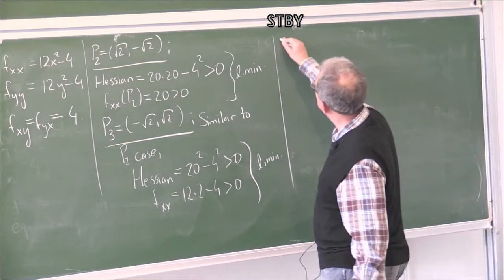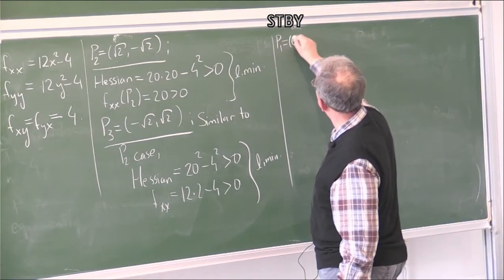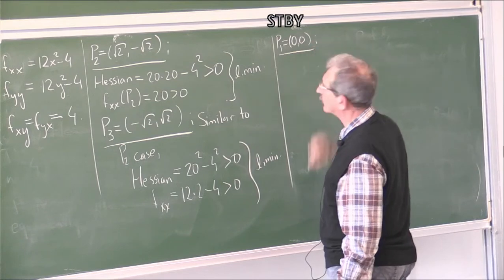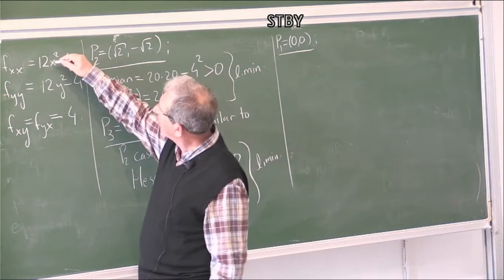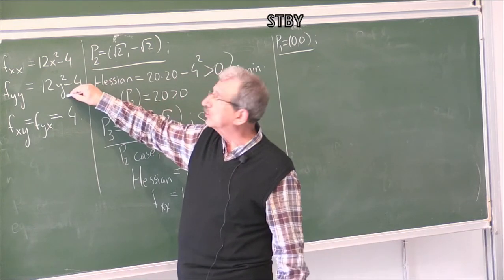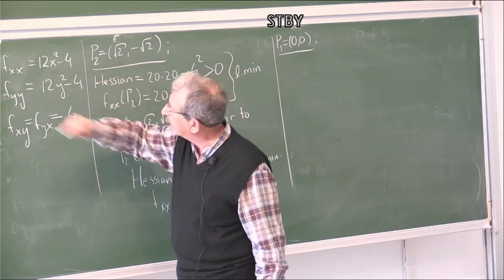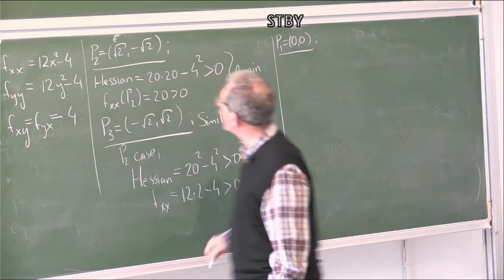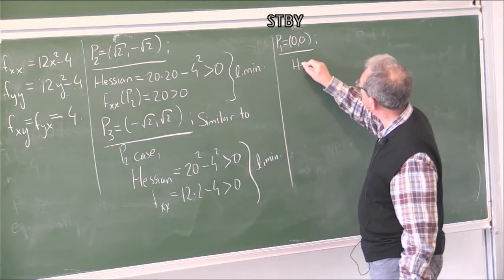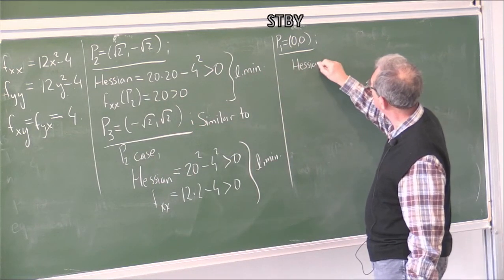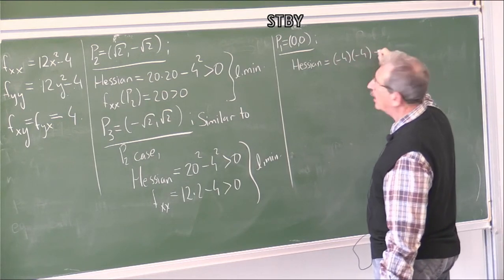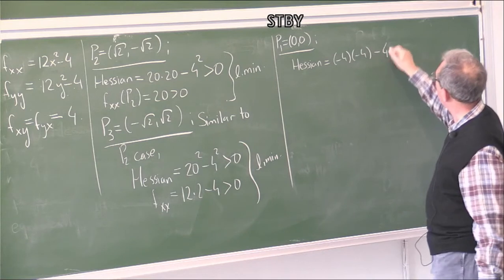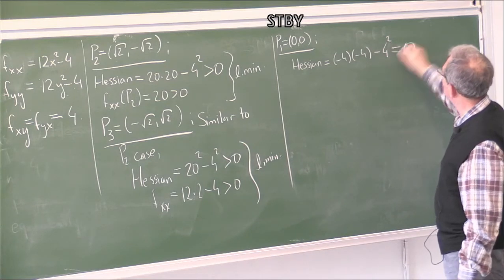Let us consider now P1. Well, at P1, both x and y are zeros, so fxx and fyy are minus 4s. So the Hessian would be minus 4 times minus 4 minus 4 squared, which is 0.